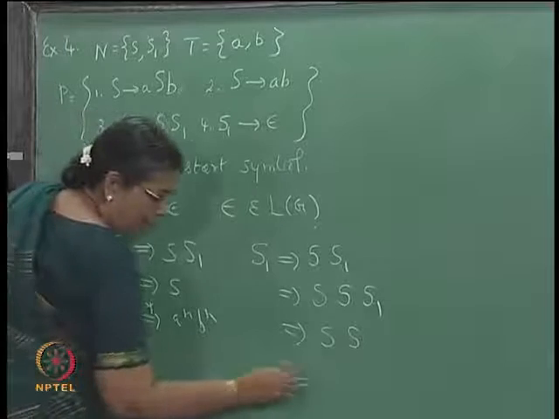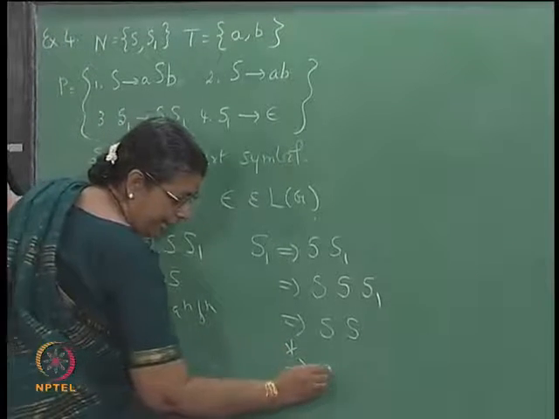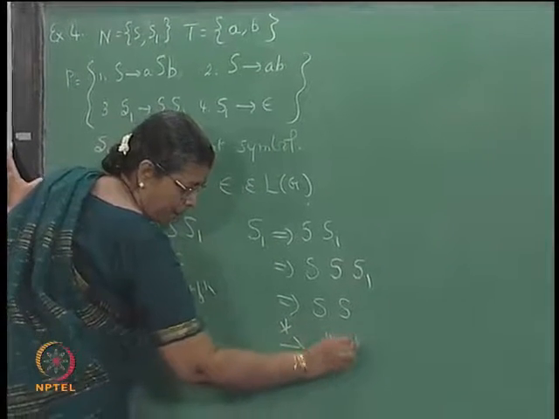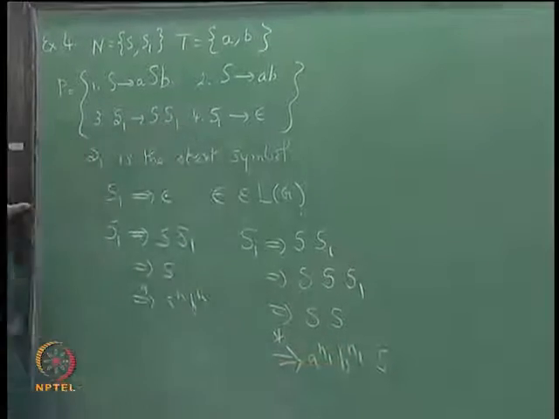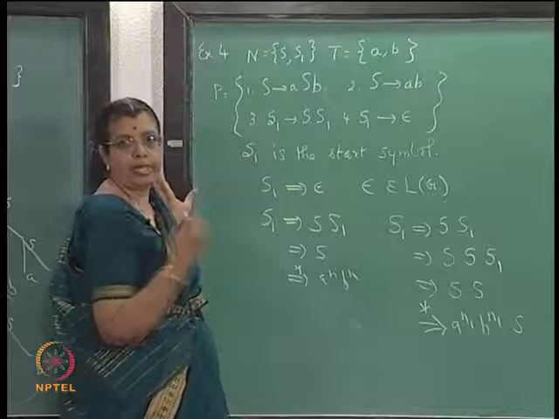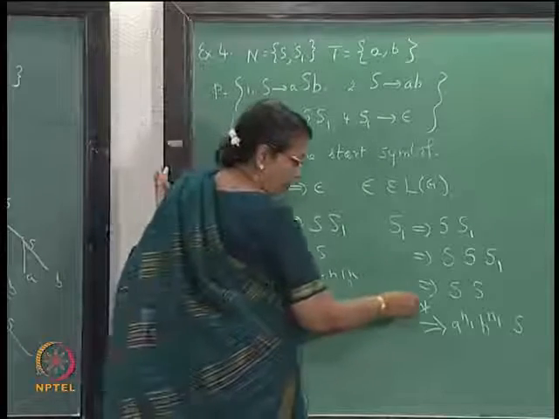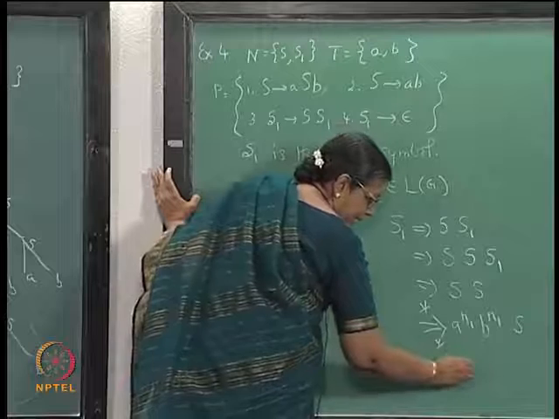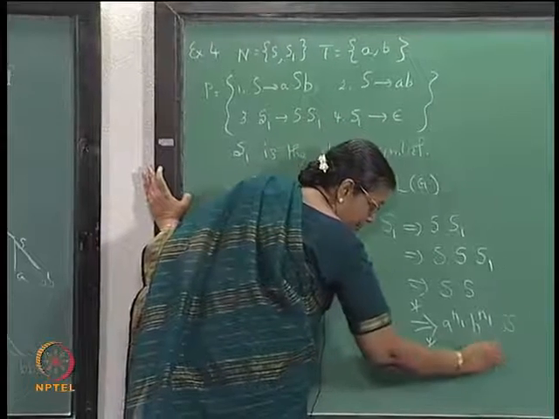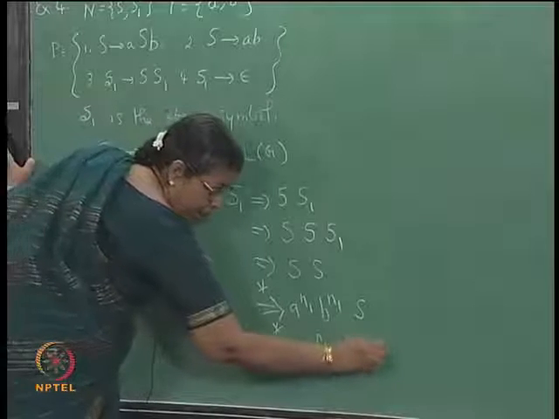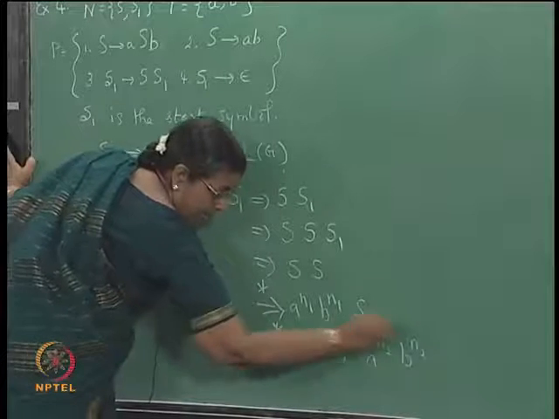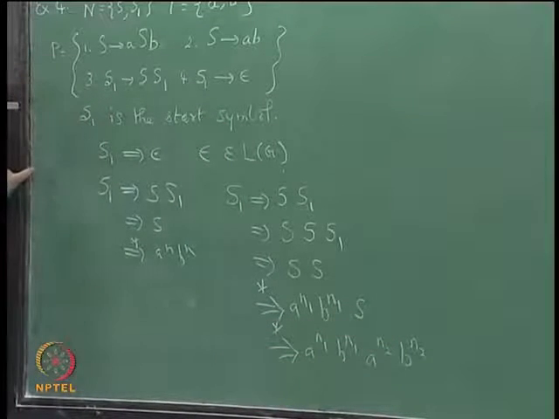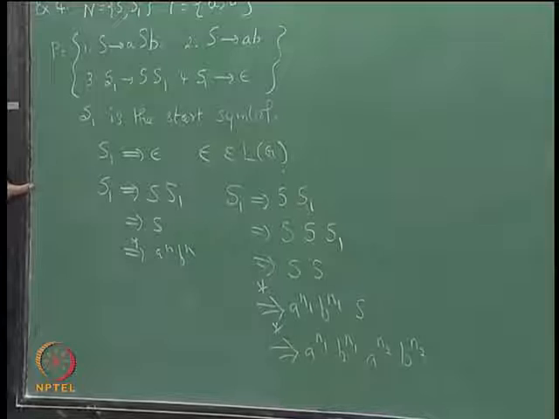From one of the S's I generate A power n1, B power n1 by the usual method, by many steps. From the second S I am generating A power n2, B power n2.